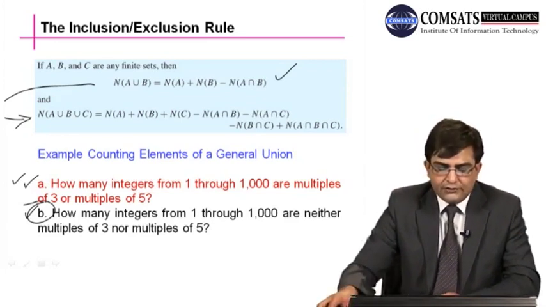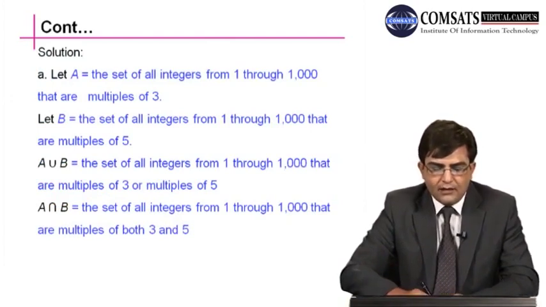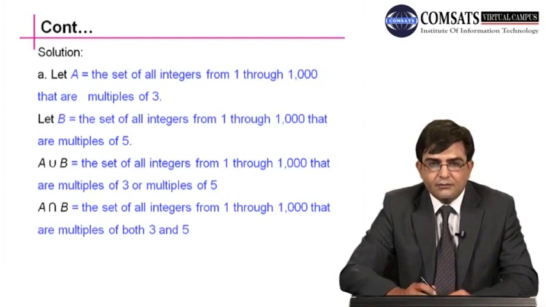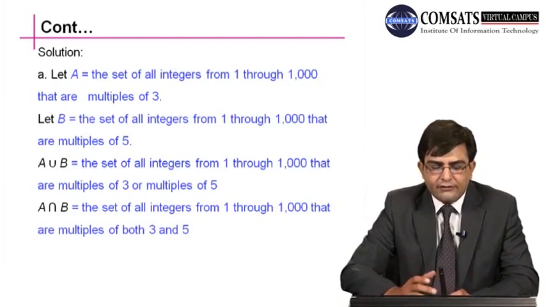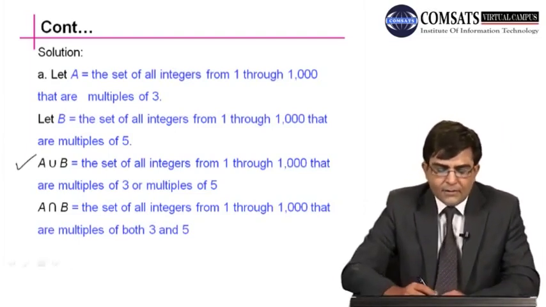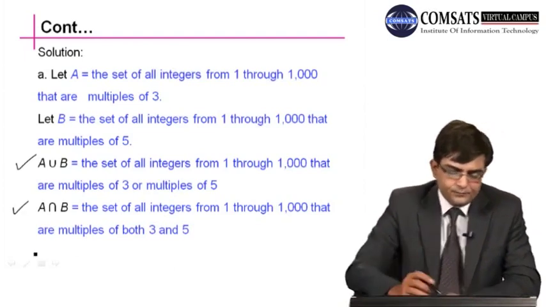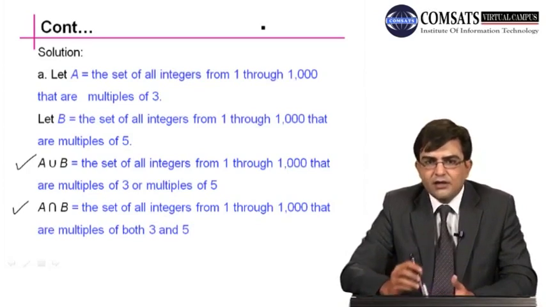So to calculate the first part, we suppose that A is the set of integers from 1 through 1000 that are multiple of 3. A is the set which contains multiples of 3, B is the set which contains multiples of 5. Now the total number of integers which are either multiple of 3 or multiple of 5 is basically A union B, and A intersection B contains all those integers which are multiple of 3 and multiple of 5.